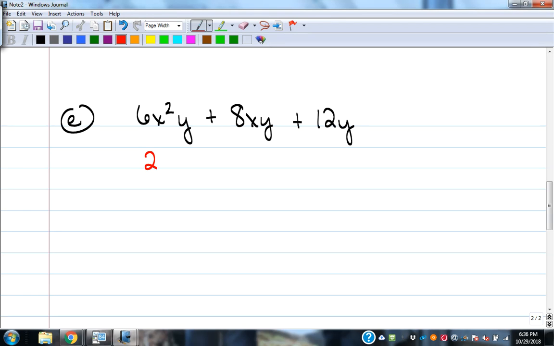What about letters? Everybody has a y, so y is part of your GCF. What's that leave in parentheses? 3x squared plus 4x plus 6. Good job.